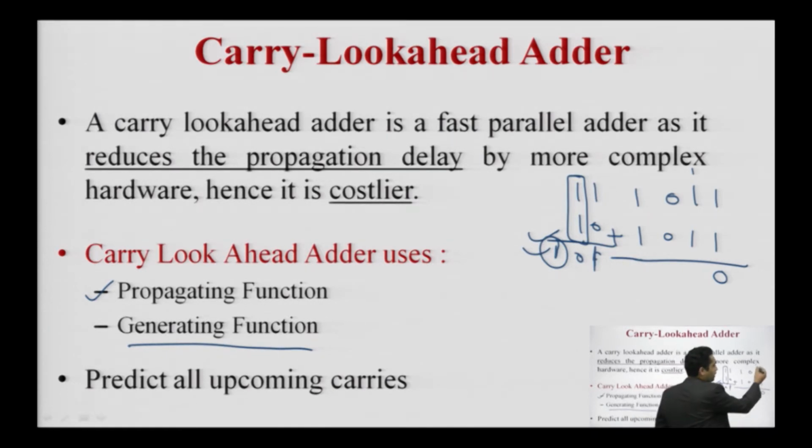And if I am using here 1 1 1, the answer is 1 and 1 is again a carry. In this case, this is generating a carry and also propagating a carry to the next one. So this is the example of propagation. Propagation means if I have a carry previously and still I am carry forwarding the same value 1. So in this case, this is a propagating function.